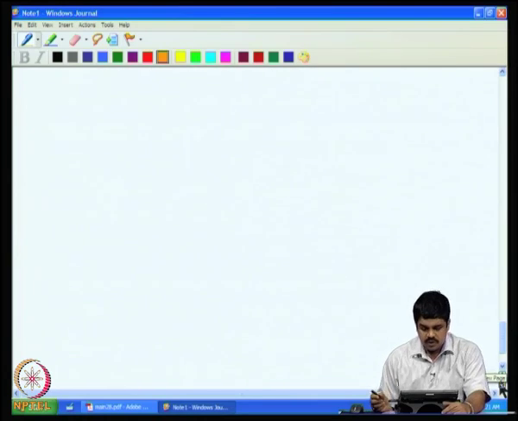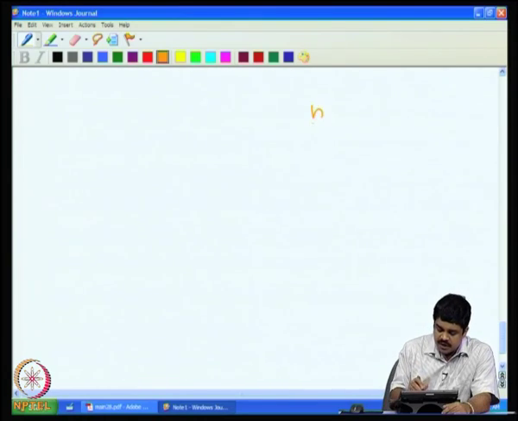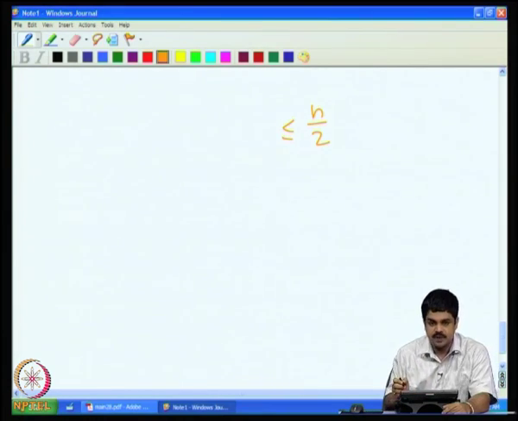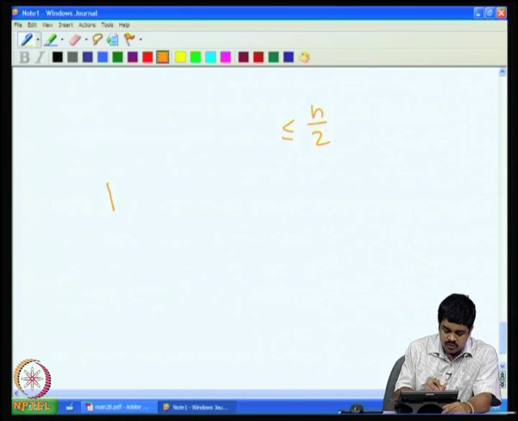So, therefore, he has shown that n by 2 is an upper bound for the number of dimensions required, and then for some of these graphs you need n by 2 also. And of course, the interesting question is what is the smallest value, and we also call this parameter the Boxicity of the graph.